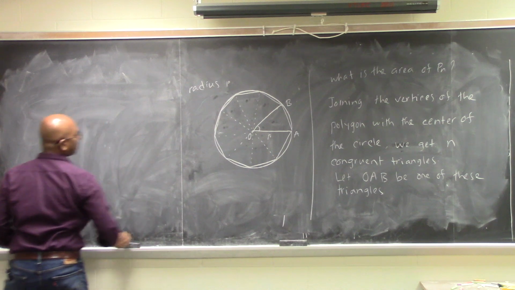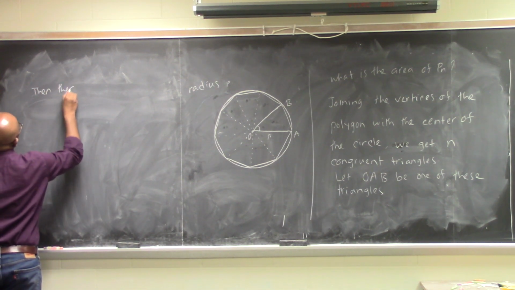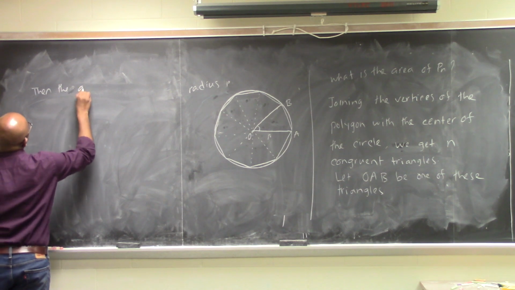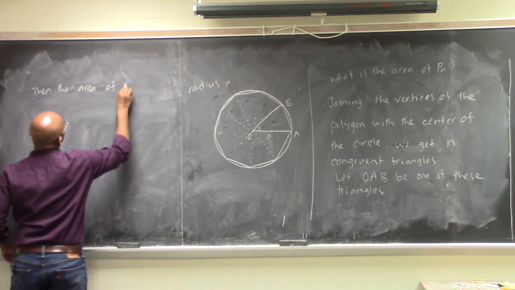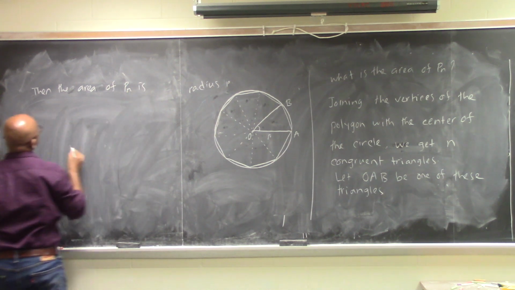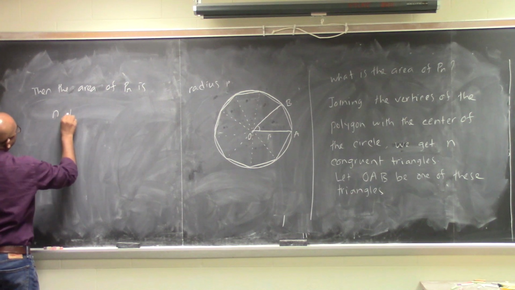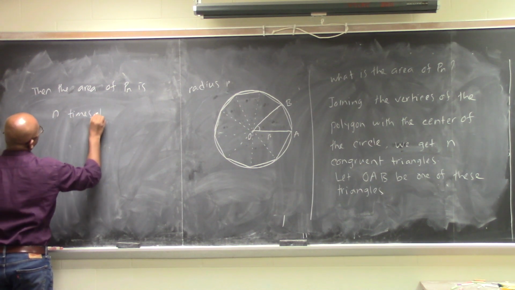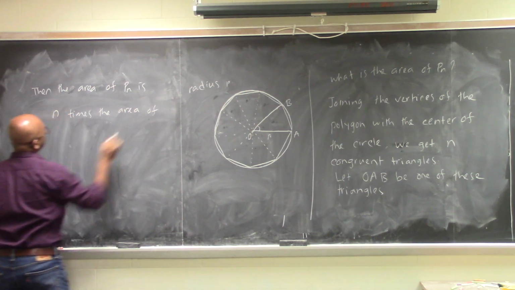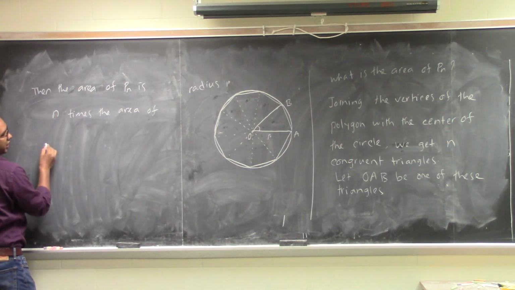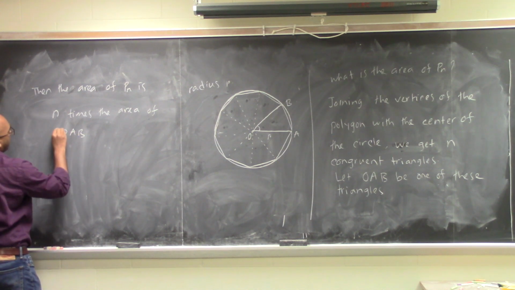Then the area of Pn is n times the area of this triangle OAB.